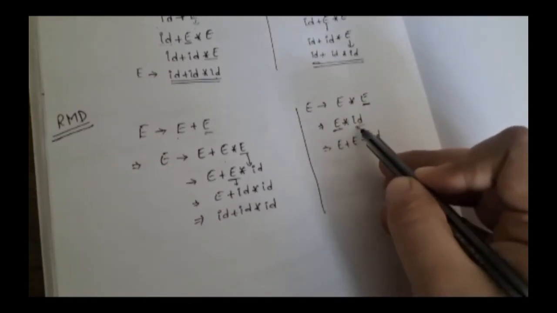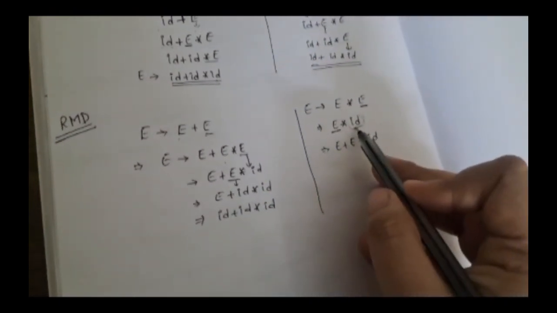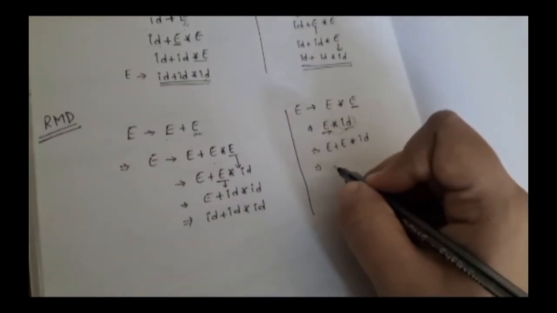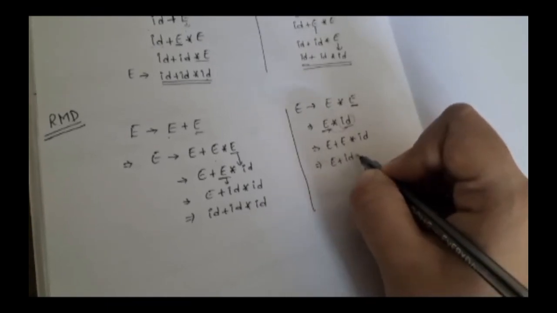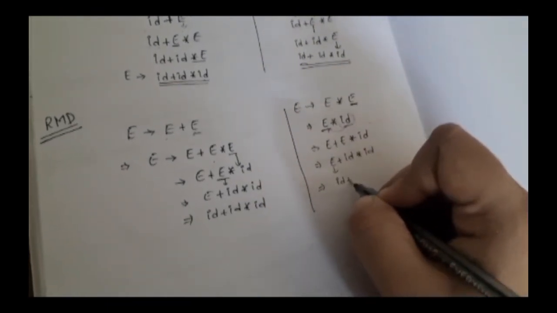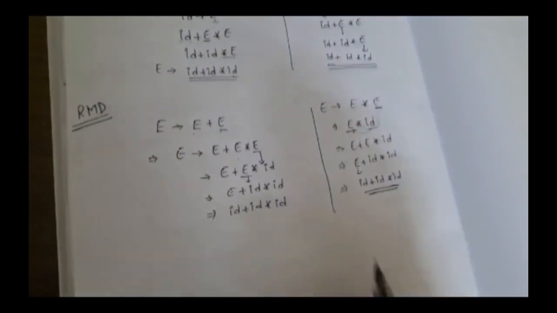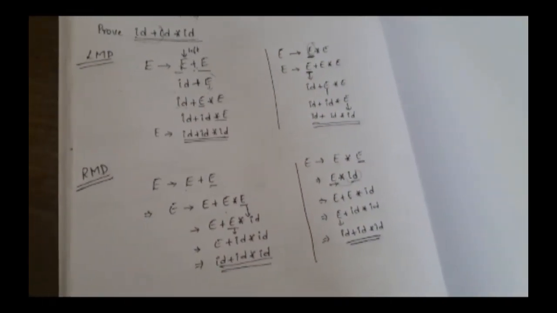Why? Because here my rightmost side is already derived and I can't divide it further, so now I'll go with this. Now I'll replace the rightmost side, that is this, with ID, and then this with ID. So now I have proved my statement. And this is how LMD and RMD are done. I hope this is clear and simple.